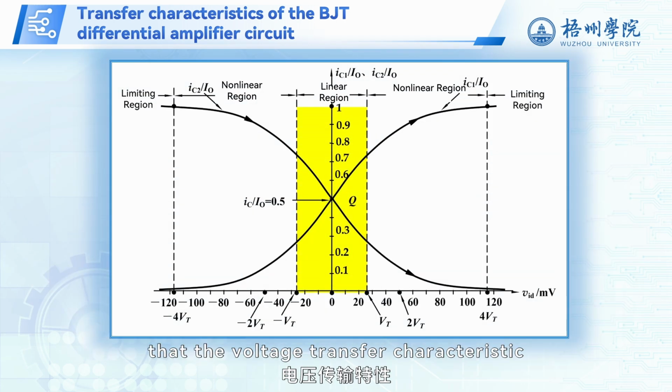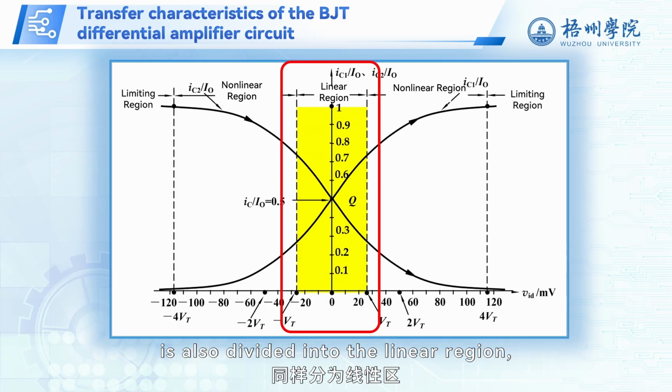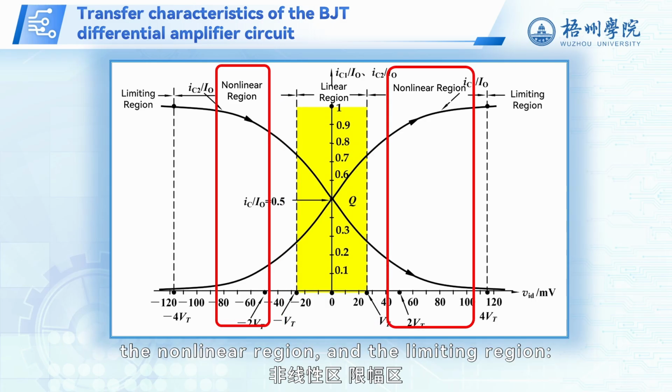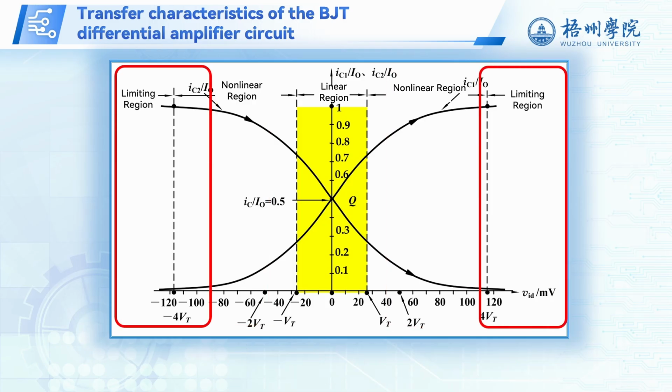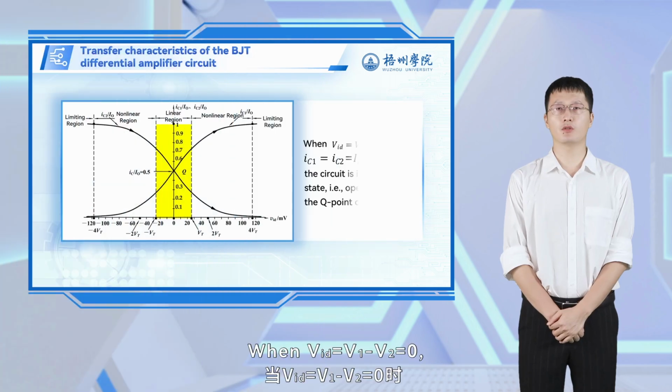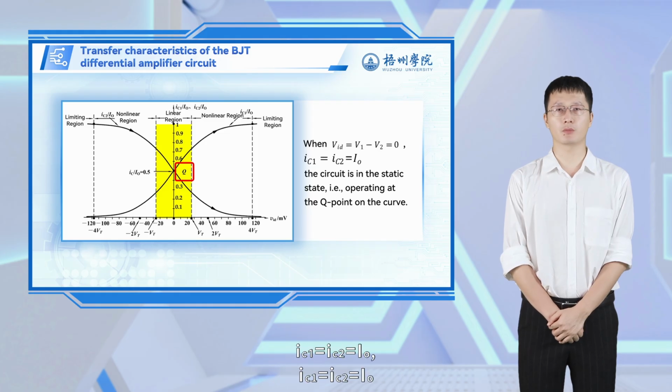Analysis shows that the voltage transfer characteristic is also divided into the linear region, the nonlinear region, and the limiting region. When V_ID equals V1 minus V2 equals 0, I_C1 equals I_C2 equals I_O.